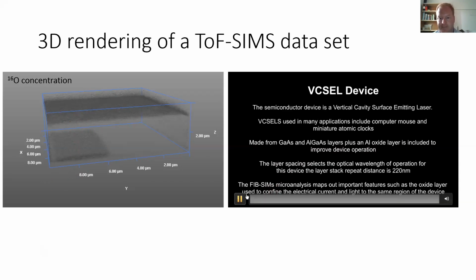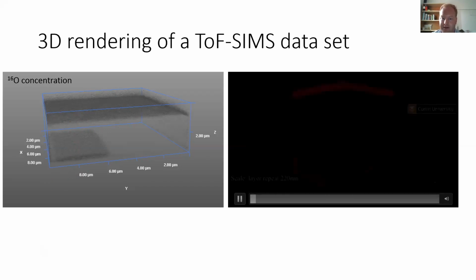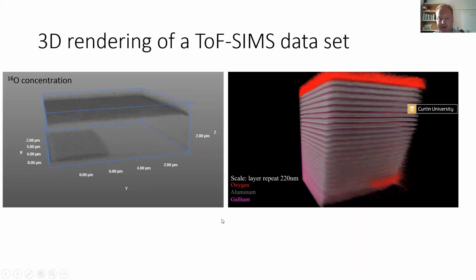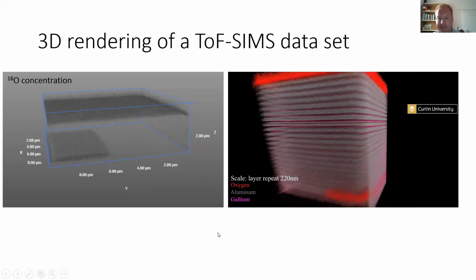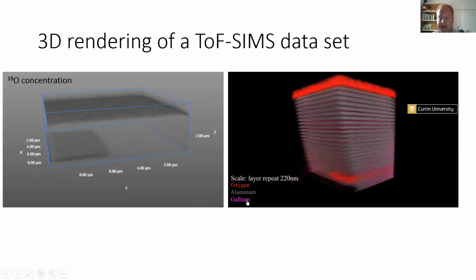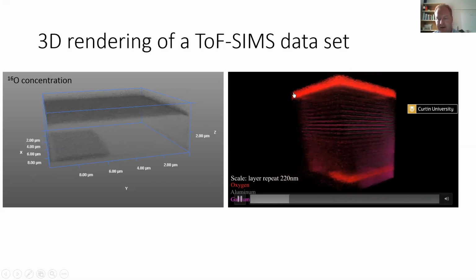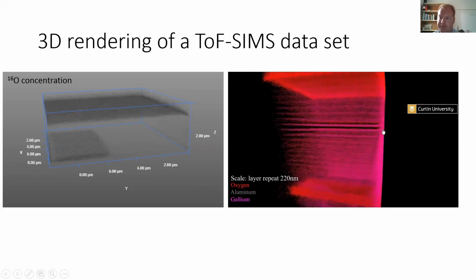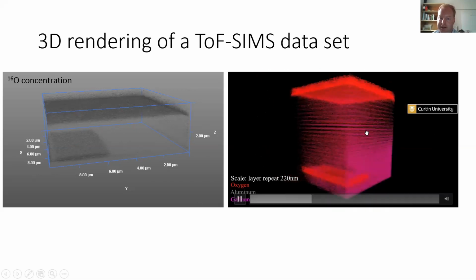Okay. So you can see here, we extracted all that data and we combined the oxygen, the aluminium, and the gallium data sets, and then you can see you can process this data in normal 3D analysis software.